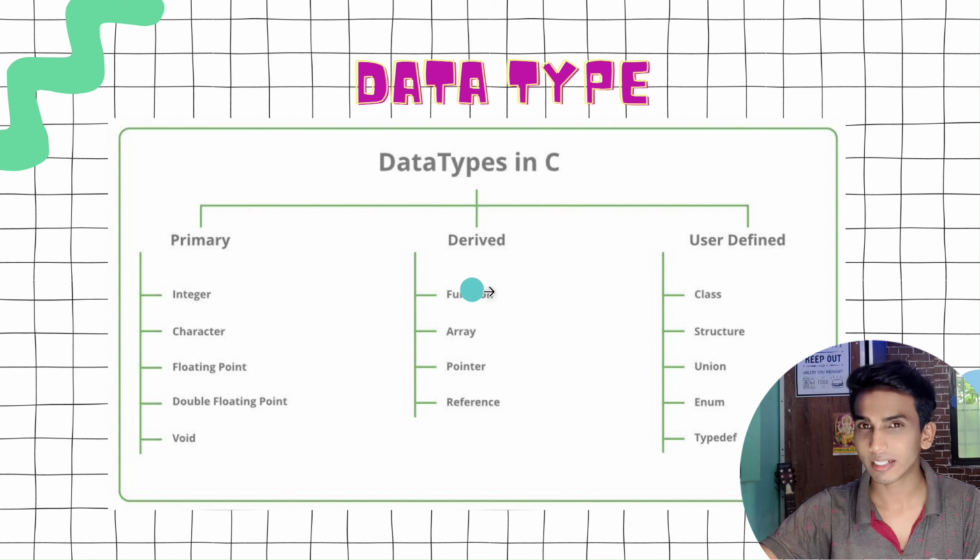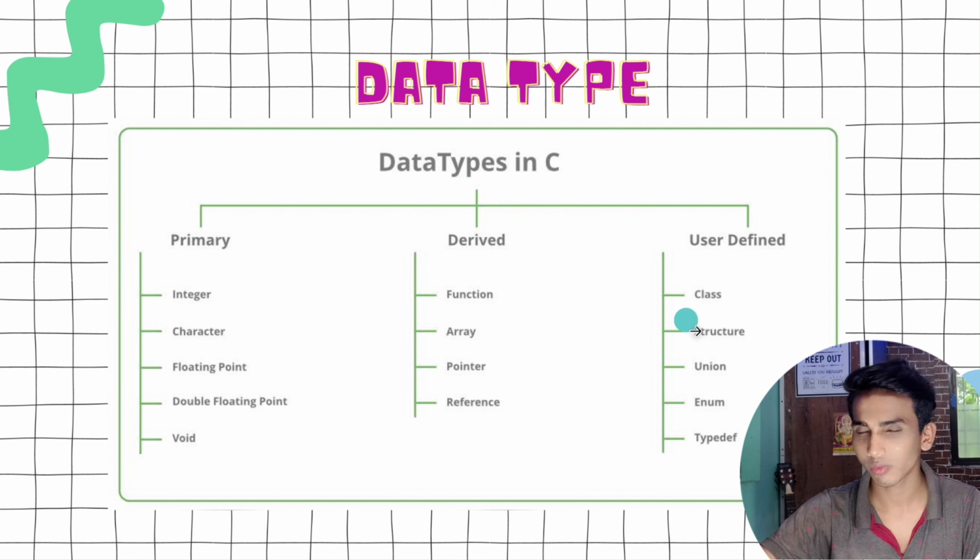We will be discussing them now itself. Derived are those which are derived from these primary data types. These are the derived data types, and we will be discussing them in later classes. Then there are the user defined ones, which are made by us.